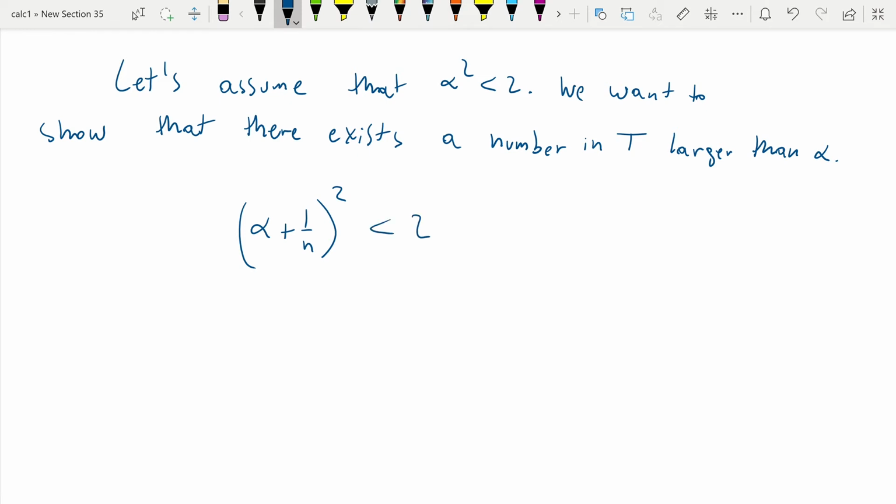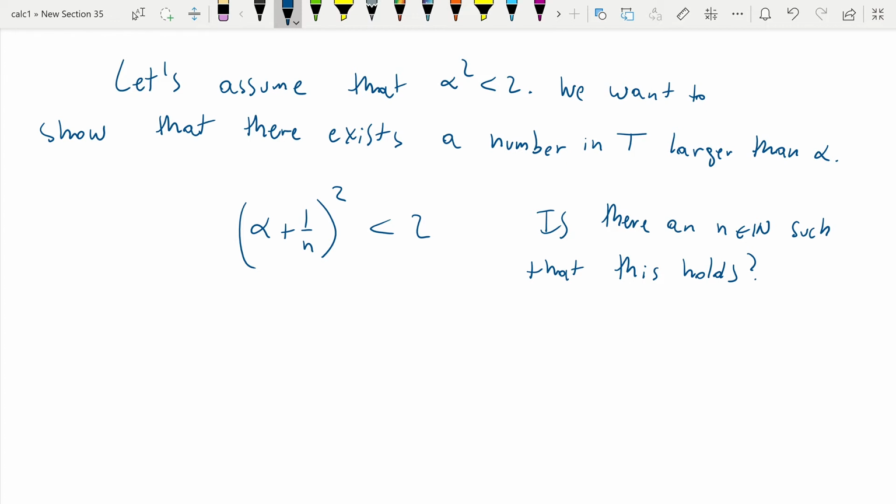So the question here is, can we find such an n?